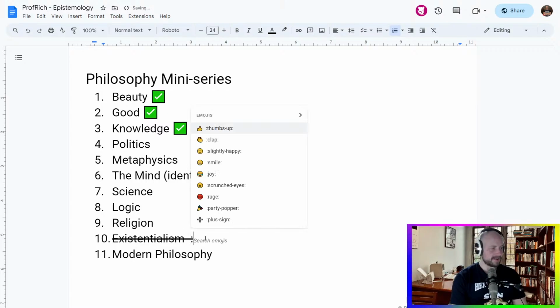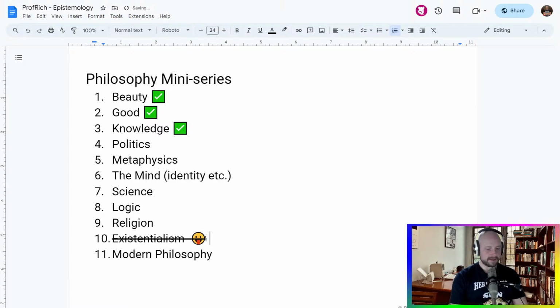It sucks. Where is math? I don't know what philosophy of maths would be. Philosophy of maths would come probably under logic and maybe a little bit under metaphysics.